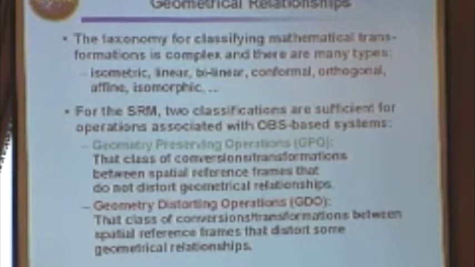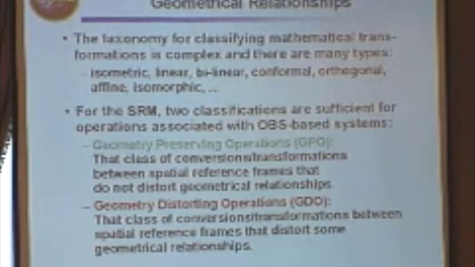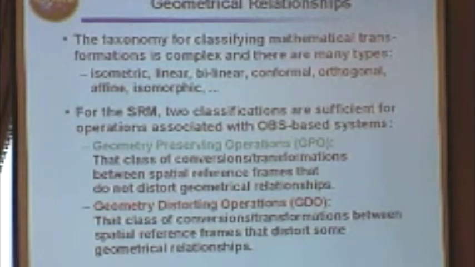There are really two classes of conversions that we want to deal with. Those between spatial reference frames that do not distort geometry. Now, what's an example? Well, geodetic coordinates, lat long, convert that to geocentric coordinates. Does that distort anything? No. The points stay where they're supposed to stay in inertial space. Those do not distort any geometry.